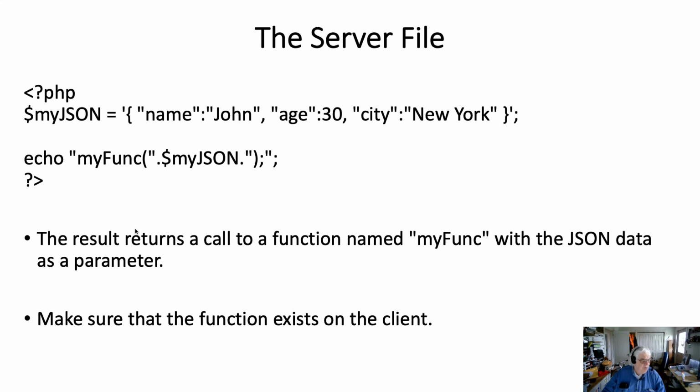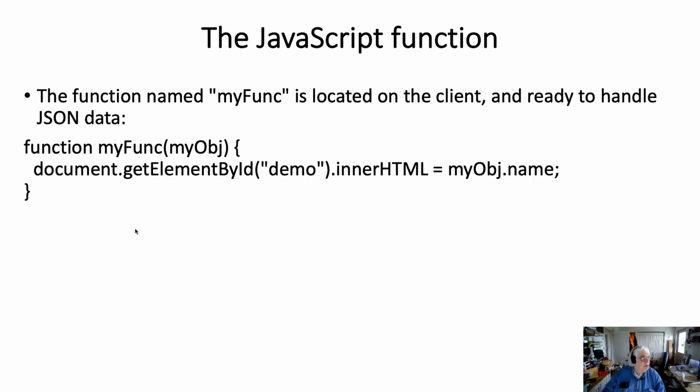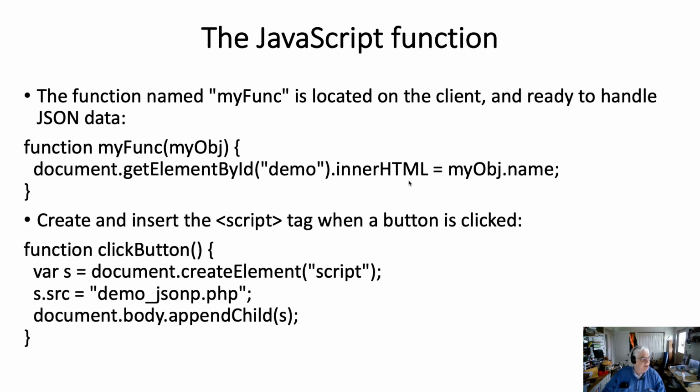You have to make sure the function exists or it won't work. So then you're going to have a function, myFunction, that takes my object and sends my object's name into the innerHTML. You can create and insert the script tag. That would only load when the page loads.